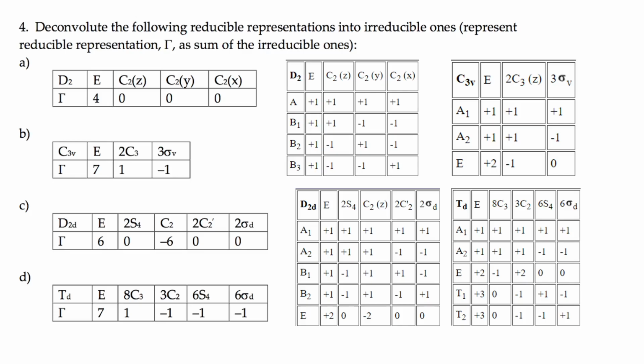Now, these are the questions where we require that formula that I have. Obviously, you can get it by similarity transformation. The question is to deconvolute the following reducible representation gamma into irreducible ones, as a sum of irreducible representations.